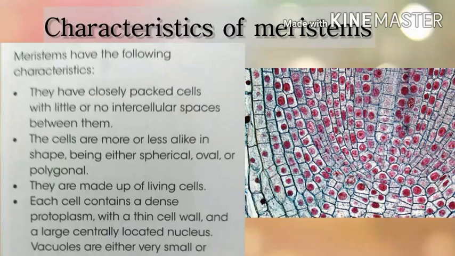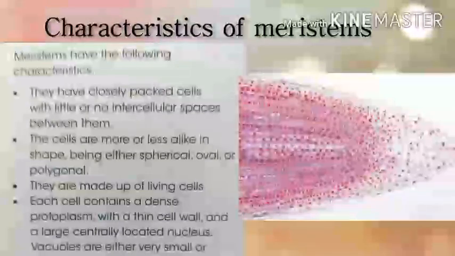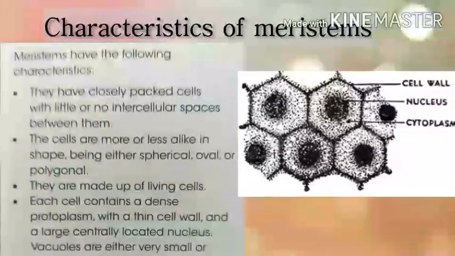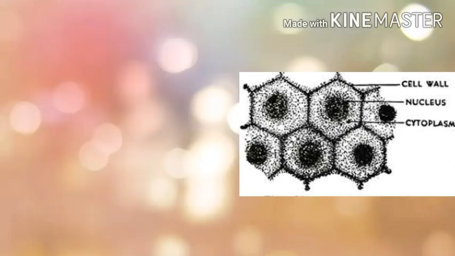It may be either spherical, oval, or polygonal. They are made up of living cells. When a single cell of a meristem is observed, it contains a dense protoplasm with a thin cell wall and a large centrally located nucleus. Vacuoles are either very small or absent.